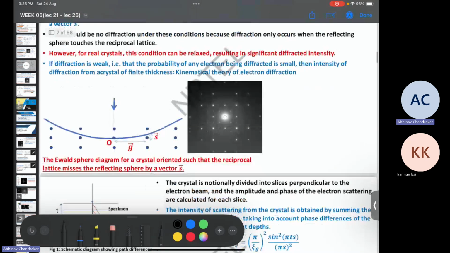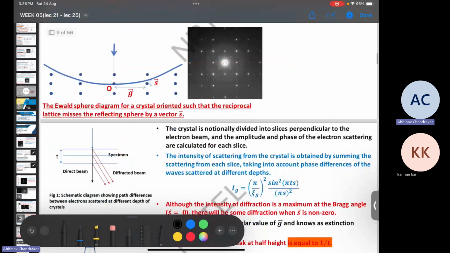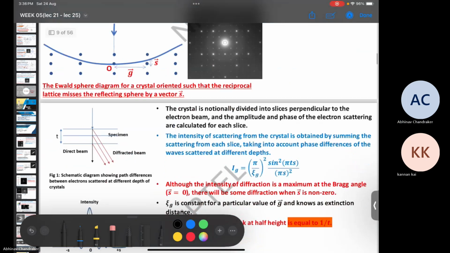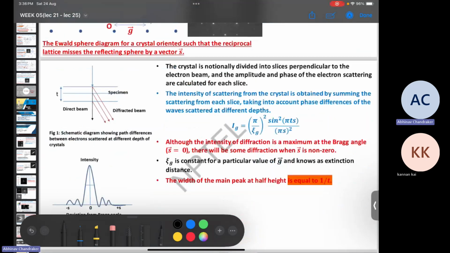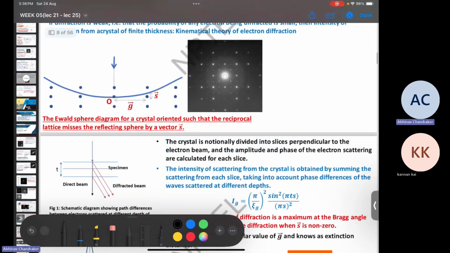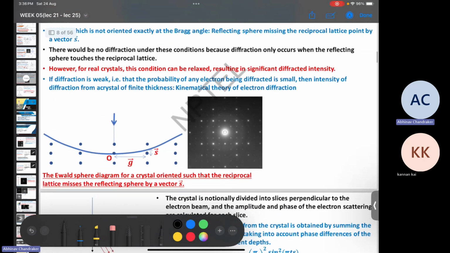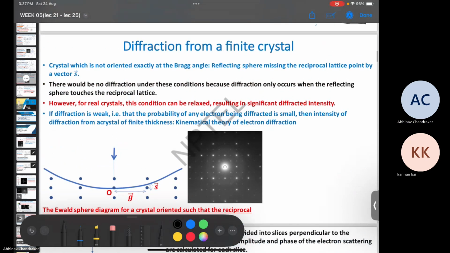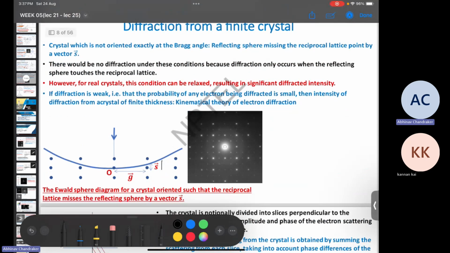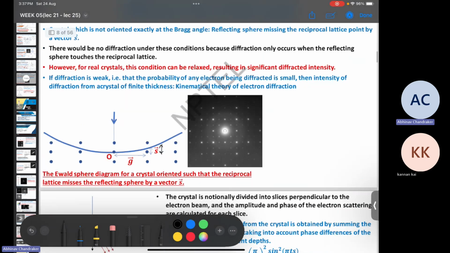But in case the crystal is thin, then even if you're slightly away from a point, let's say by this vector s, even then you can get a diffraction spot for this point.